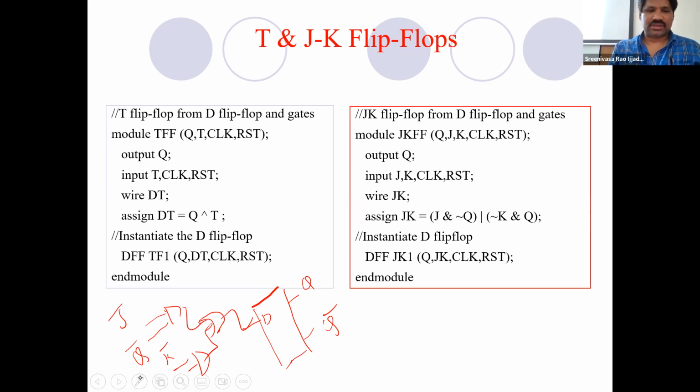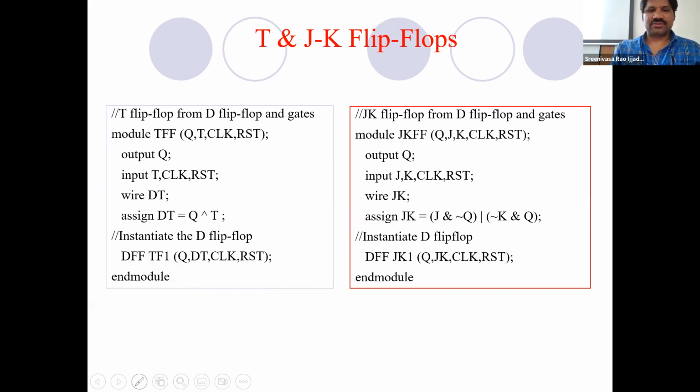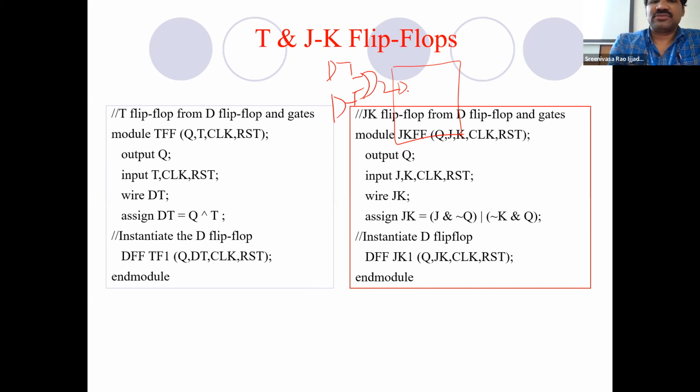Otherwise, this is the D. If you want JK, take one AND gate, another AND gate, and one OR gate. This output is applied to D. This is J, this is Q bar, this is K bar, and this is Q. You can join like this or write like this, no problem.